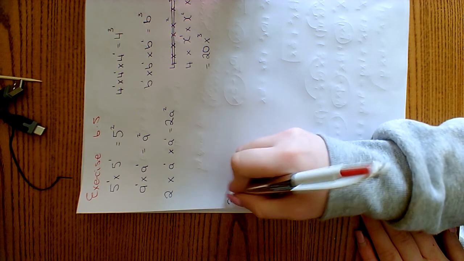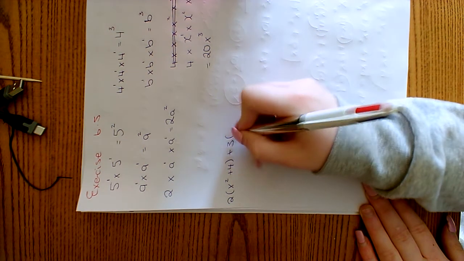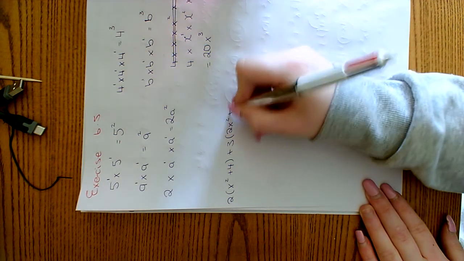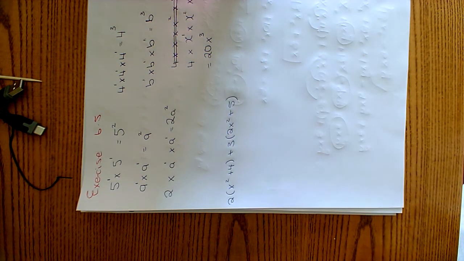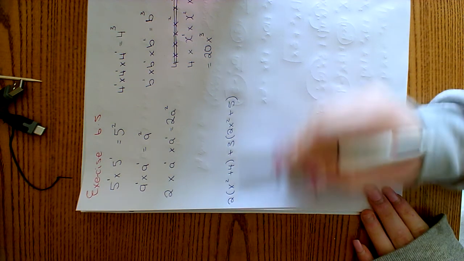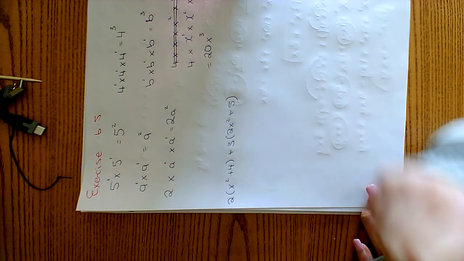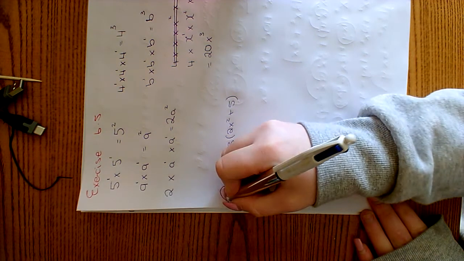So I have 2 bracket x squared plus 4, plus 3 bracket 2x squared plus 5. Now, girls, I'm multiplying. We know that brackets mean to multiply. So I have a bracket here and a bracket here, and I always need to multiply whatever's in front of my bracket by the terms. So I draw my arrows like I'm used to.